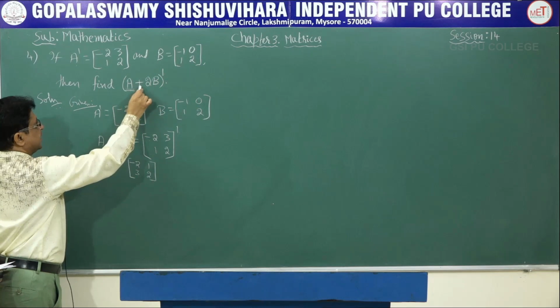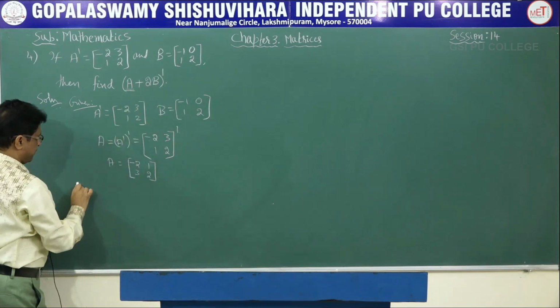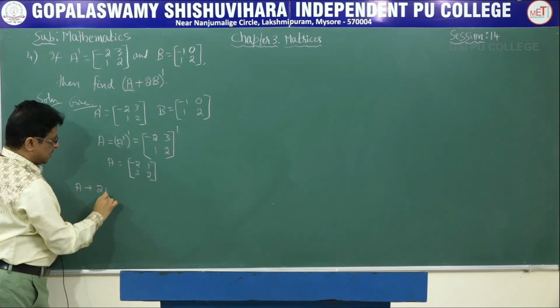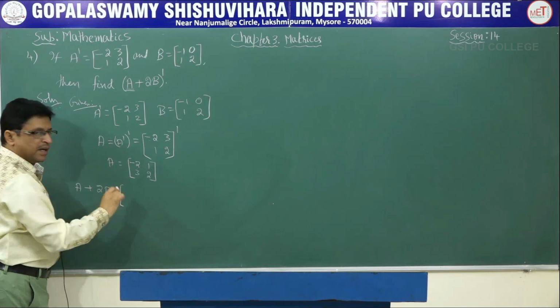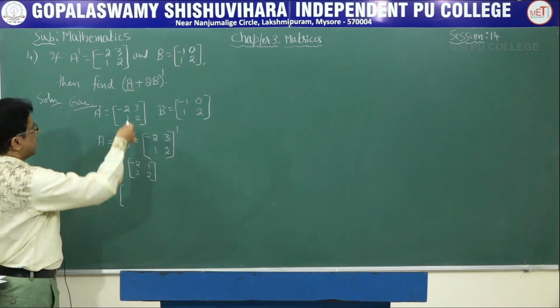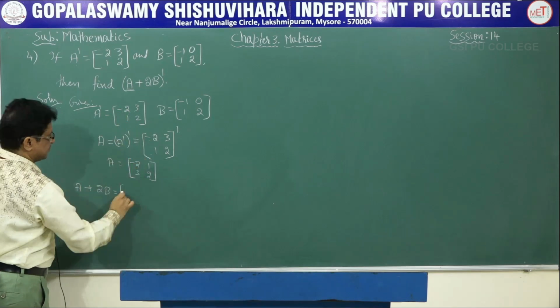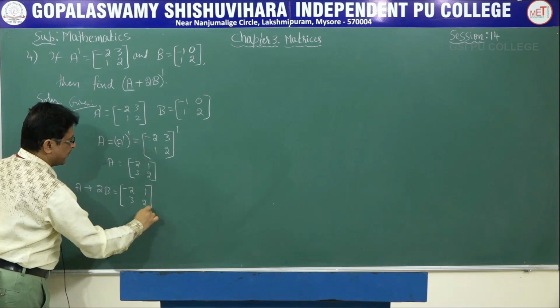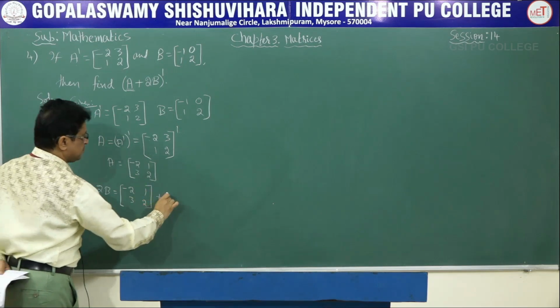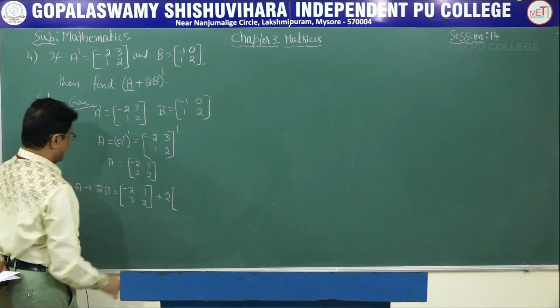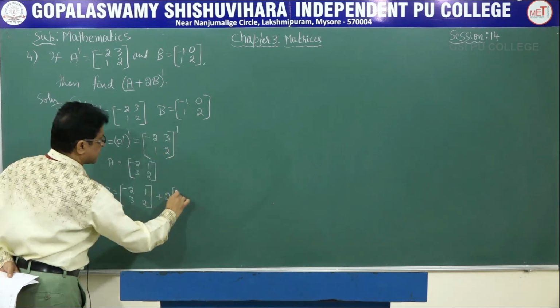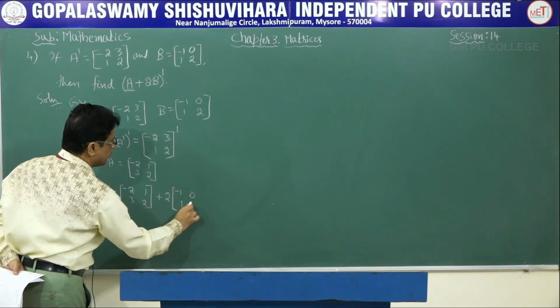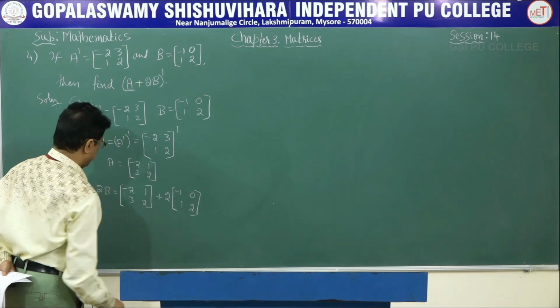First let us find A + 2B. So A + 2B is equal to, A matrix is [-2 1; 3 2] plus 2 into B. B matrix is [-1 0; 1 2].